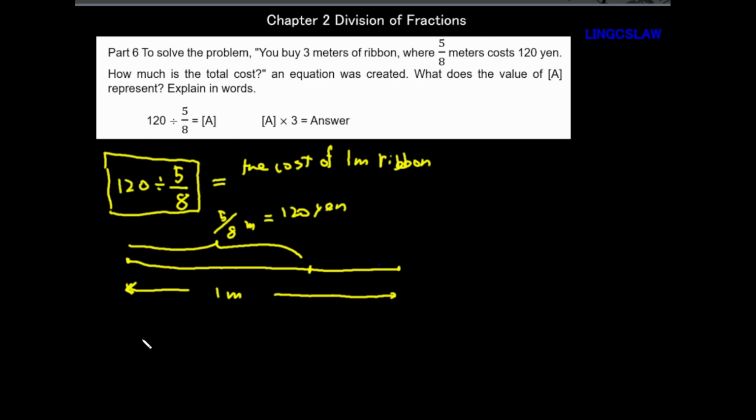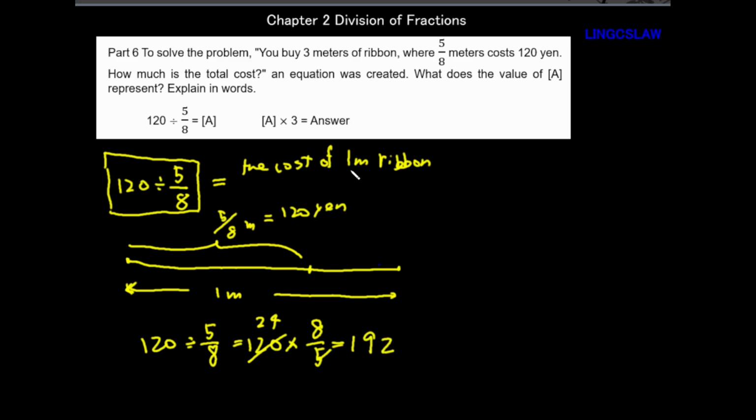Now let's calculate it. Times 8, the reciprocal of 5/8, 8/5, equals, and simplify this one, divided by 5, 24 times 8, 192.